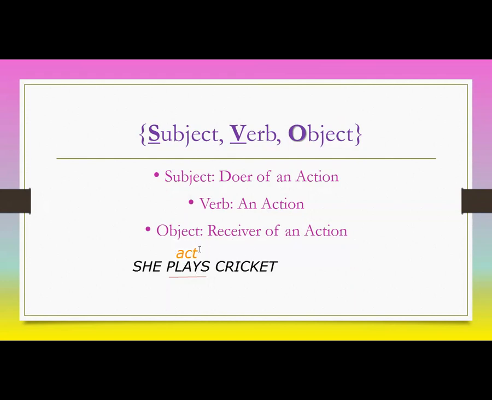Cricket is receiving the action done by the subject. The action is being done by the subject. Subject is she. Cricket is the receiver of an action, that is receiving the action. Playing what? Playing cricket. This is the example being given to you.